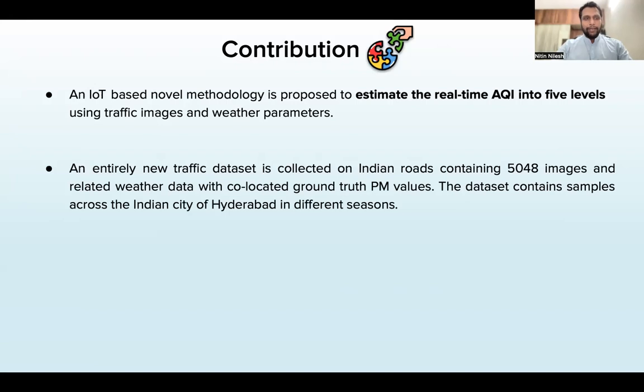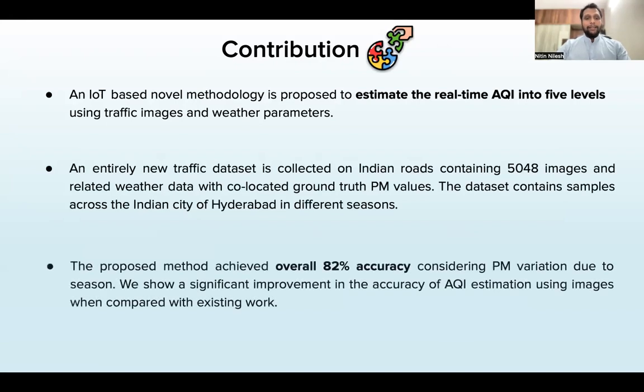When we say co-located, that means when we got the image, we got the PM for that particular location, and not just the PM values, but the other weather parameters as well. So the dataset contains samples across the Indian city of Hyderabad in different seasons.